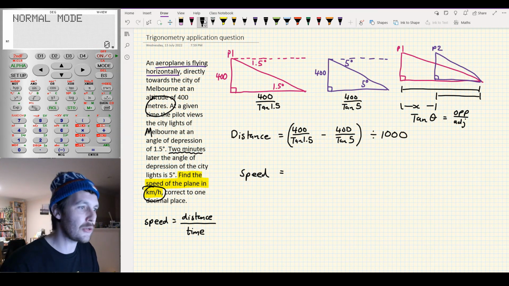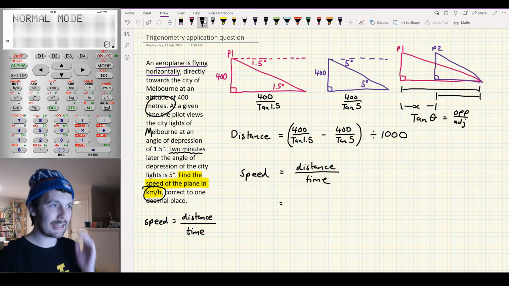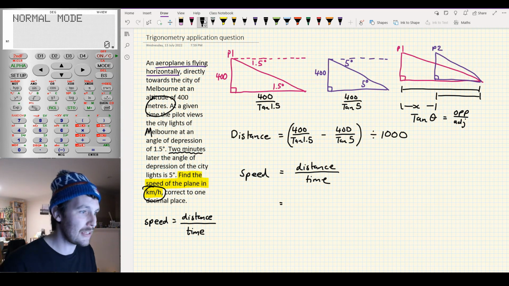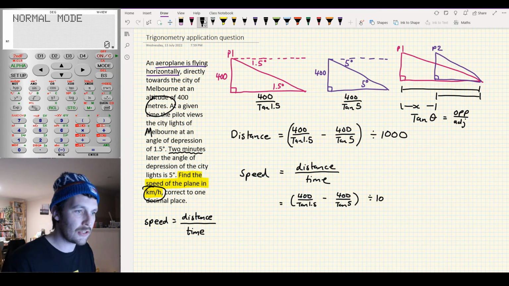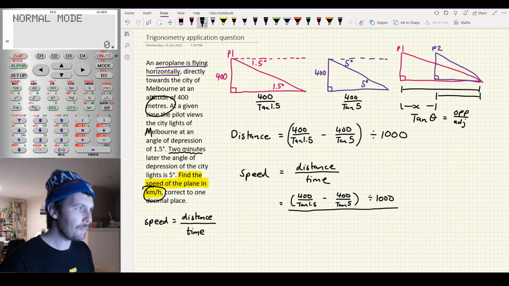Anyway, speed is equal to distance divided by time, as alluded to already. So for my distance, I've not written that in kilometers, but I have an expression that represents it. I've got 400 over tangent of 1.5. I want to subtract from that 400 over tangent of 5. I'm dividing by 1,000 to convert to kilometers, and that's going to be over the time.